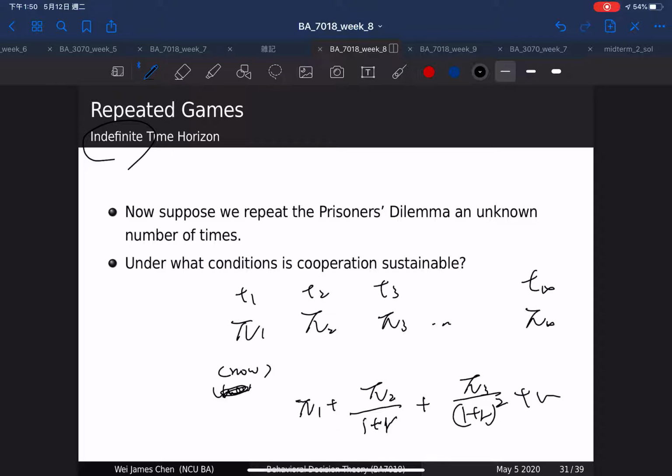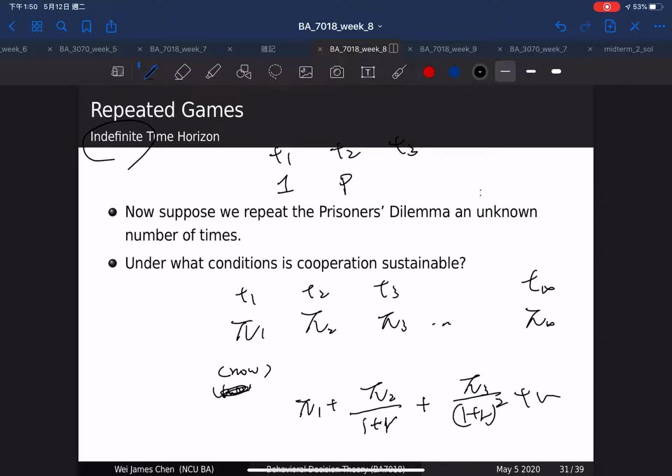Another way to think of this infinitely many rounds is the following. I consider that after round 1, I have a probability p of going to the next round. In t1, I will definitely play the game, so 100% chance. Let's use 0 to 1 probability, so probability 1. But in t2, I will only have probability p of playing that game.